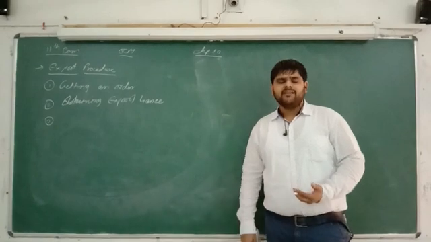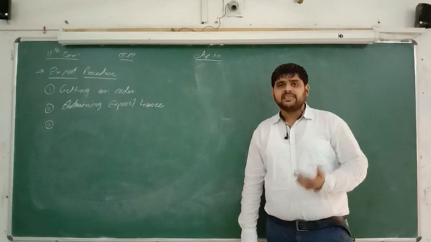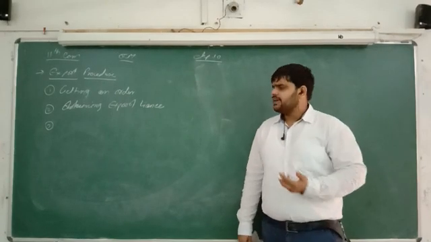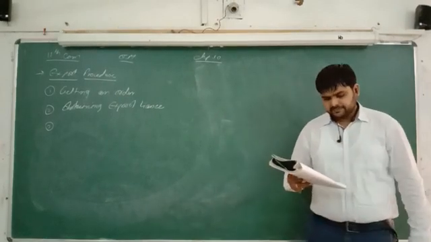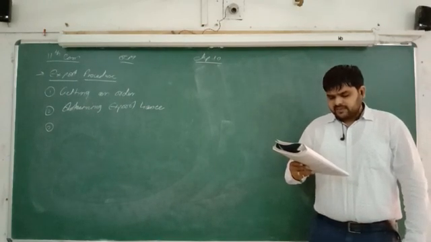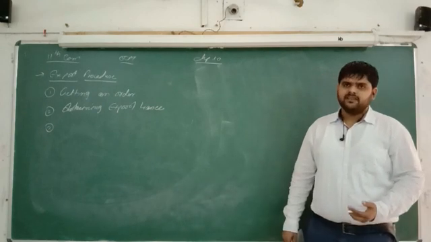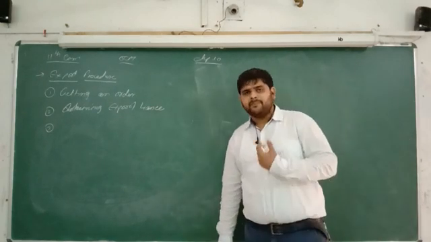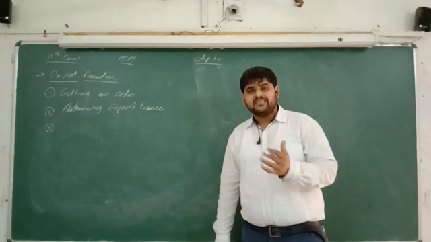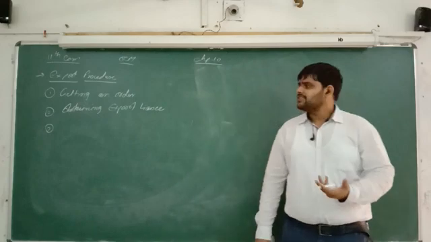So when we give the assurance to follow all the rules and regulations, then we can get the export license. Next, those professionals who export regularly are called export house. Those who send goods regularly are called export house. This is the important thing.